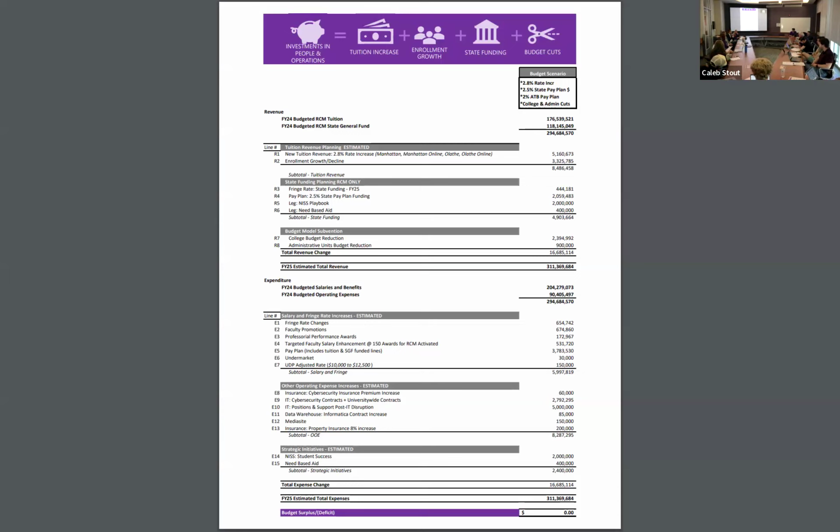Anybody who has ever had the unfortunate event of a car accident knows what happens with your insurance: they come back and hold you to a very different standard. Ethan mentioned nicely that we were able to sneak through an increase, not really sneak through.